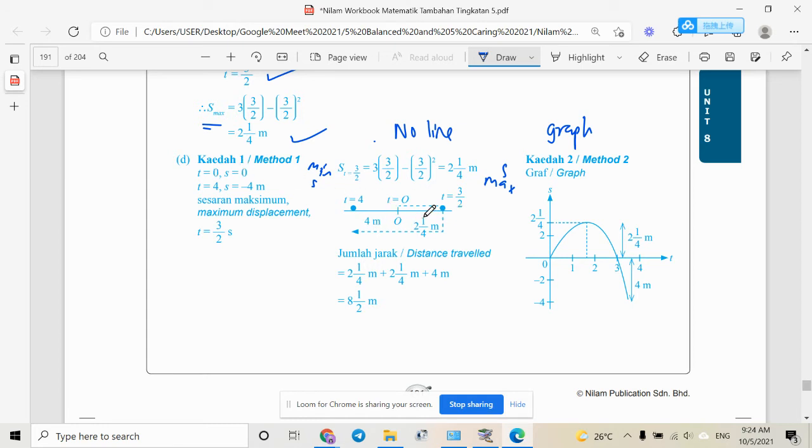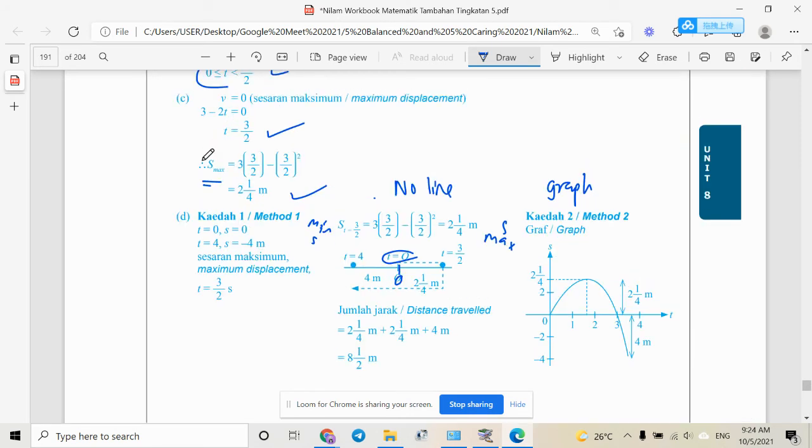Then we know where is its position. So when t equals 0, s equals 0. So we just draw like this, t equals 0. And then because just now we have found here s maximum, meaning that until here it will turn back to the left hand side. So at this part, t equals 3 over 2, the s is maximum, until 2 1/4 like this. After that, you need to know it turn back until where.